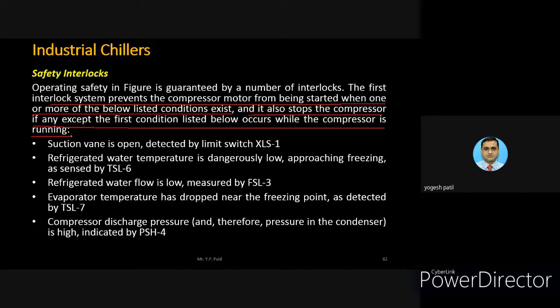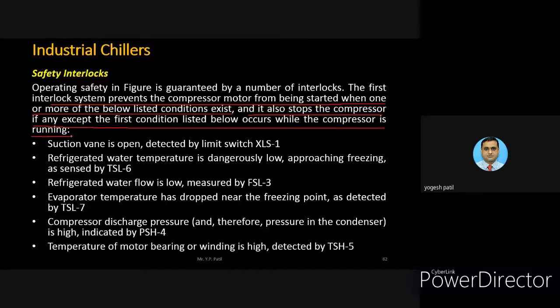Another interlock is connected when the compressor discharge pressure is high, indicated by PSH4, then also the motor is turned off. And finally, if the temperature of the motor bearing or winding is high, that can be detected by PSH5, then also the motor will be suddenly turned off.